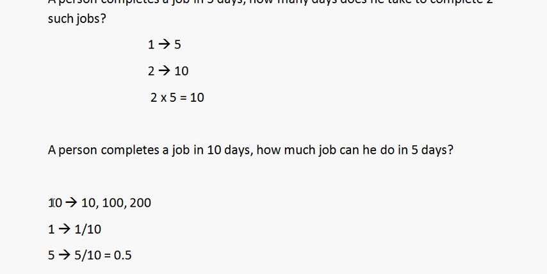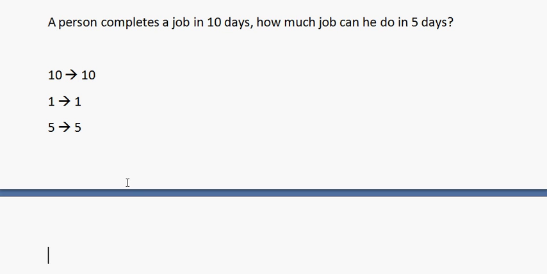So in that case, in 10 days he complete 10 units of job, and 10 units means the total job, right? In 1 day, how many units would he do? He would do 1 unit, and in 5 days he would do 5 units. Now total job was 10 units. In 5 days he has done 5 units, which means 5 out of 10 units he did in 10 days, right? In 5 days, which means he has done 50% of his job in these 5 days.